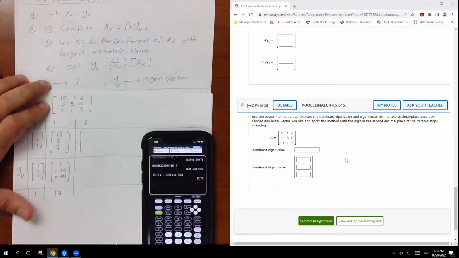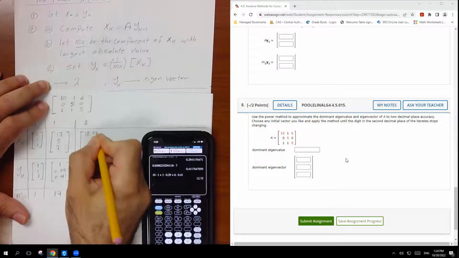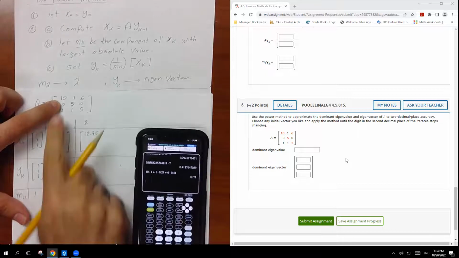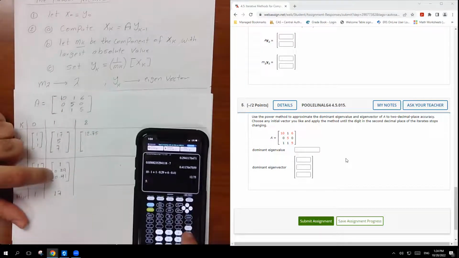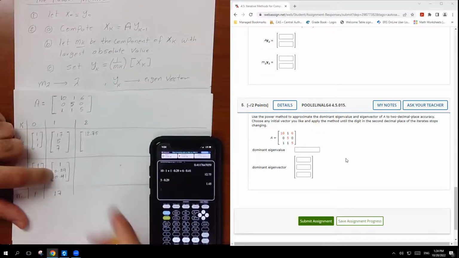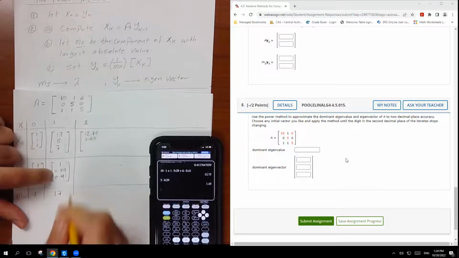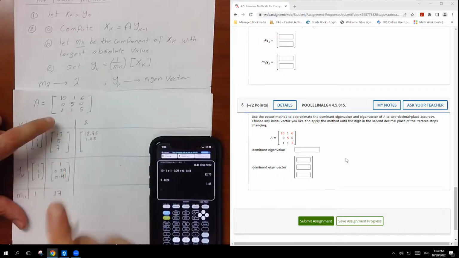This is the first element, 12.75. And the second element is going to be 0 times 1, 5 times 0.29, which is going to be 1.45. And the third element is going to be 0 times this one, that's it.